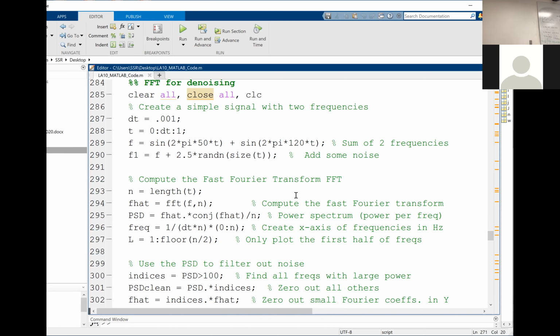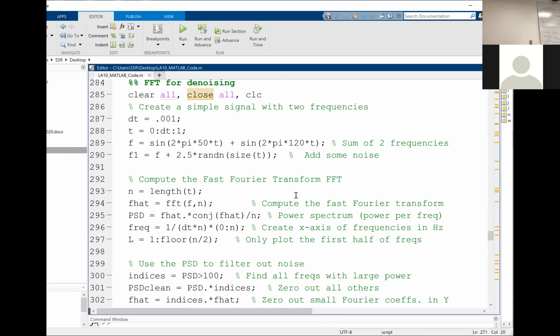You will see that this makes the signal super noisy. Then I'm going to take that noisy signal and find the Fourier transform. As soon as I find the Fourier transform, I would know what the frequency content in that signal is and what the relative amplitude of that frequency content is. And I would add a threshold.